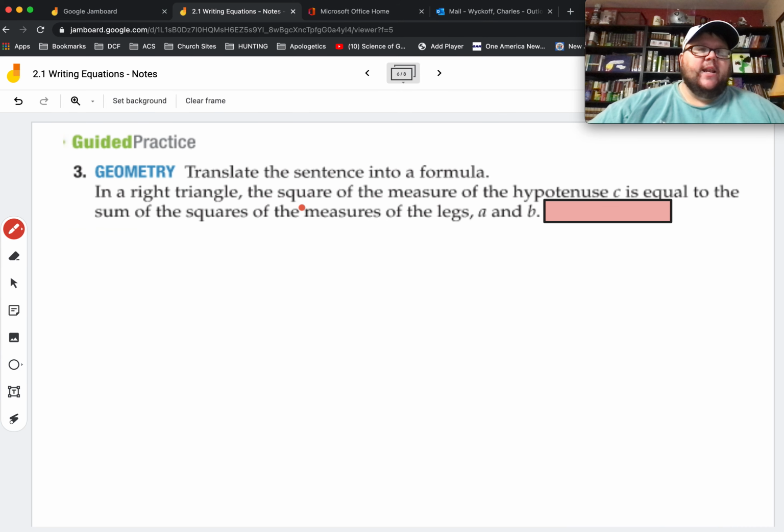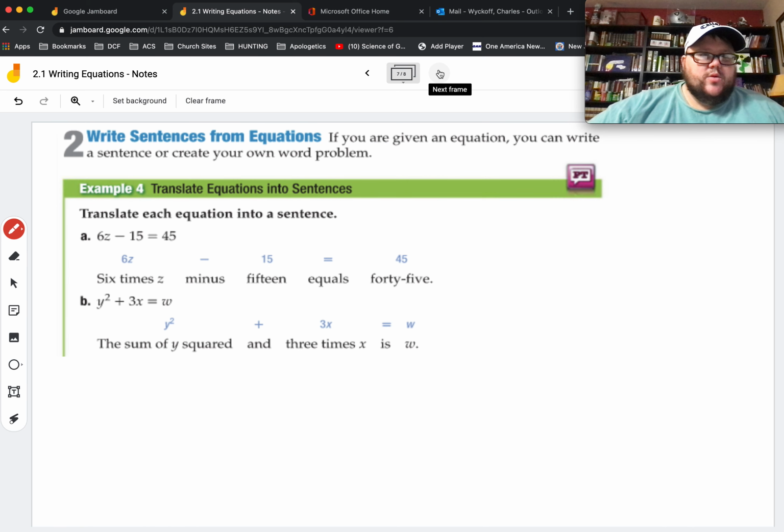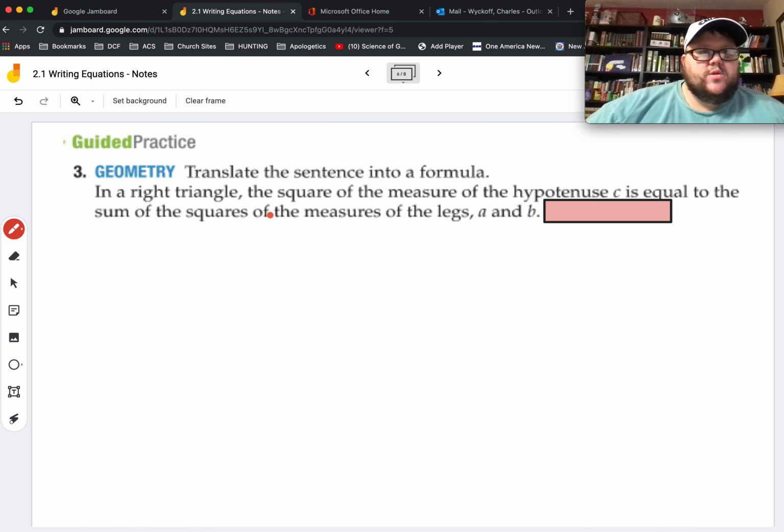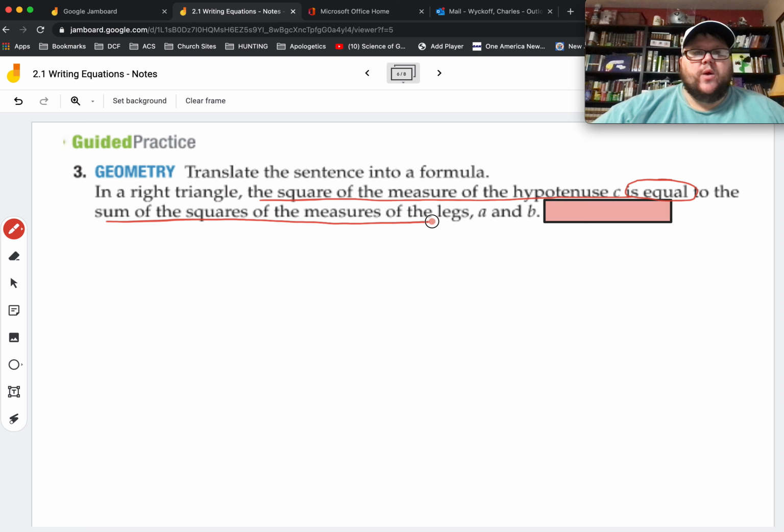So this is our last one. Translate the sentence into a formula. In a right triangle, the square of the measure of the hypotenuse C is equal to the sum of the squares of the measures of the legs.